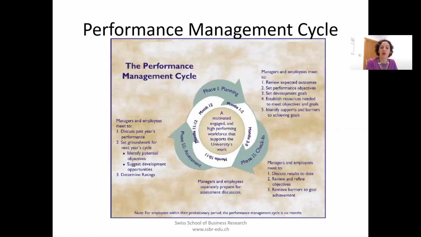Now, the performance management cycle is basically a continuous dynamic cycle in which all managers and employees are sitting and communicating and are being able to understand the expectations that each one has of the other. So for example, the planning phase is the first part of the year where your boss sits you down and says, okay, well, these are the objectives that we have for your role this year.